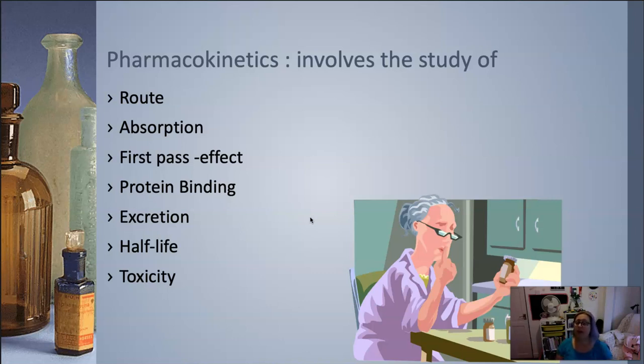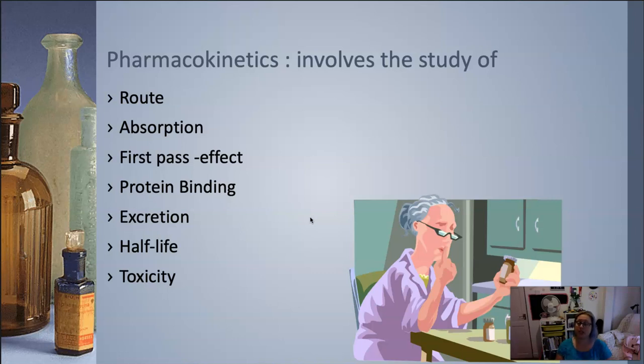We then have to think about the excretion of our medication. So once we've taken our medication into our body, how does this medication actually get taken out of the body? So how are we excreting it? How are we getting rid of it? So it's the removal or clearance of the drug or medication by the body. Is it excreted in the urine?